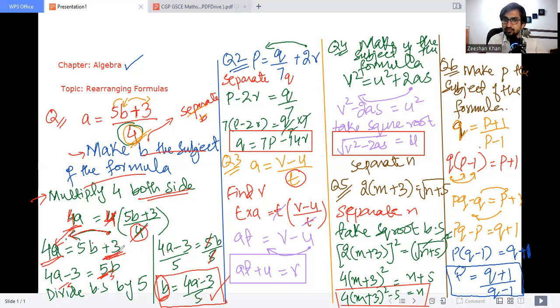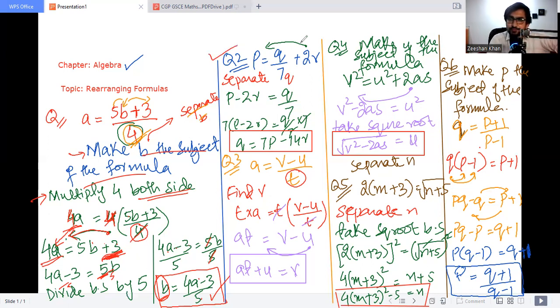So rule number 1 was, if you want to shift a number in the denominator to the other side of the equality, multiply both sides by that number, and it will automatically shift to the other side. If you shift an addition to the other side, the sign changes, and the same for subtraction.